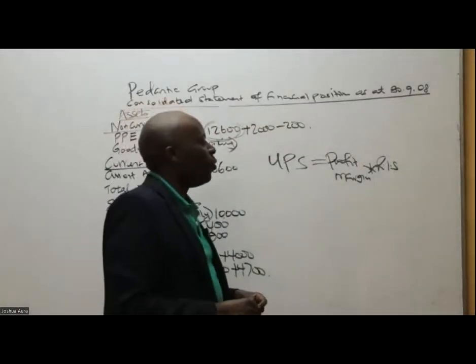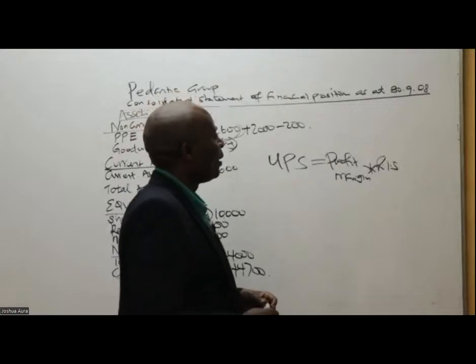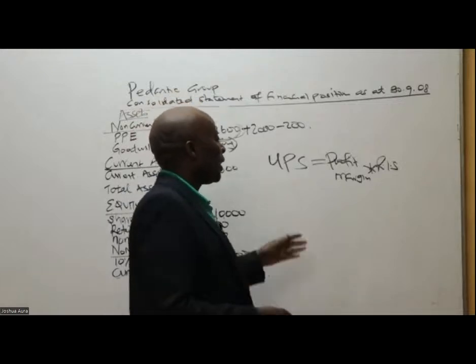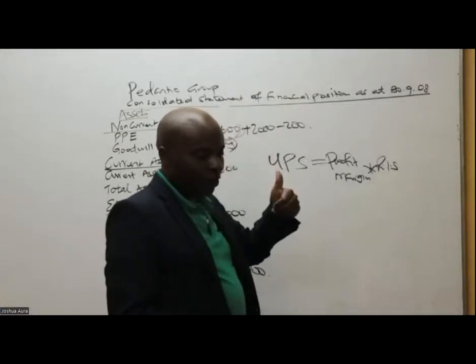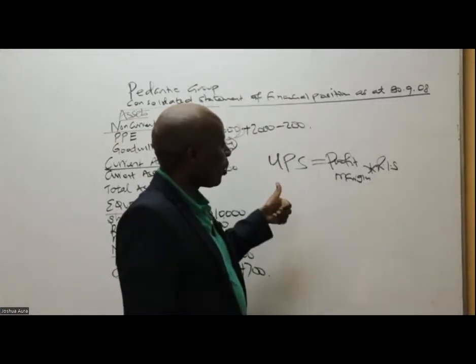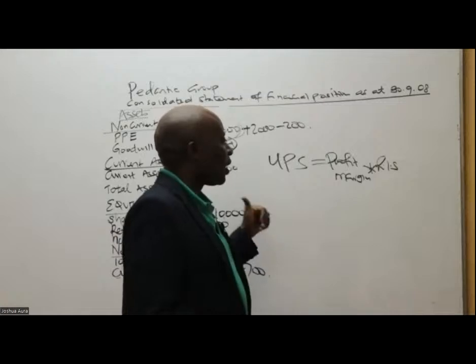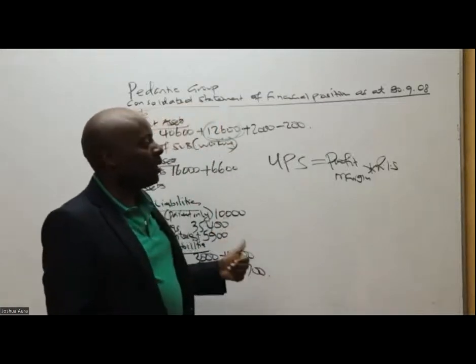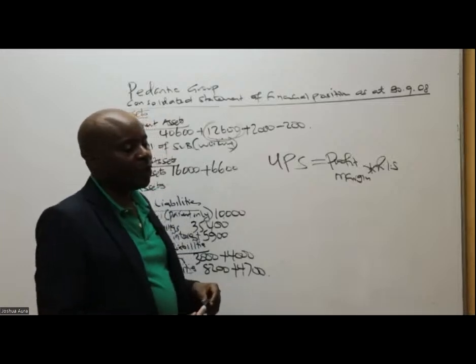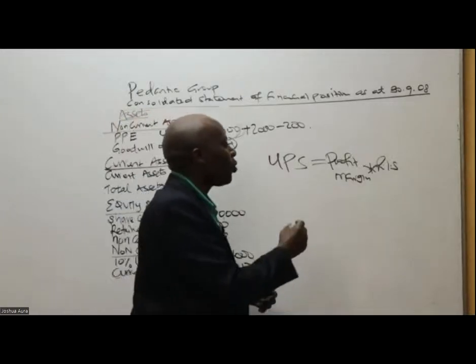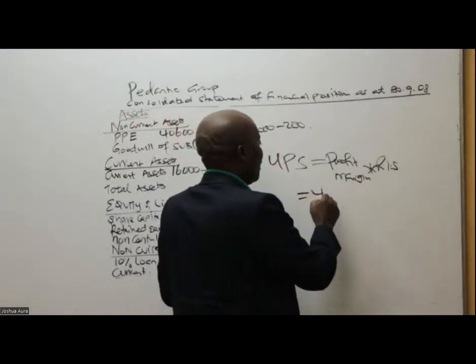Please write that in full. UPS is the unrealized profit on stock. Unrealized profit on stock is profit margin times remaining intra-sales. So you have told me that the profit margin is 40 over 140.